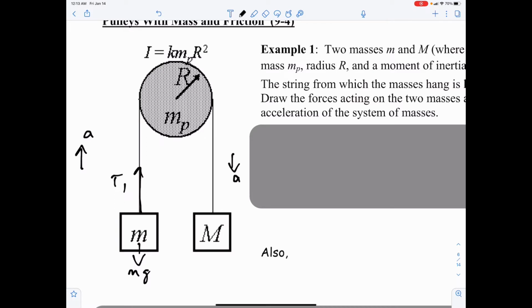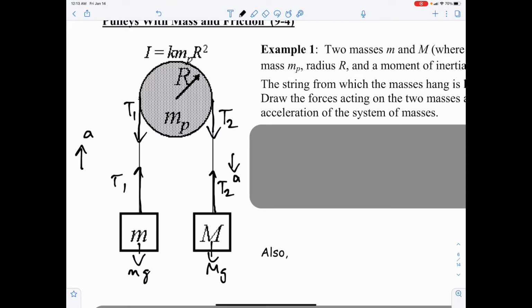Now on the other side, we've got big Mg, and we've got another tension, which we'll call tension 2. Now, on this other side here, you also have those same tensions pulling down from the pulley. So tension 1 pulls this way, tension 2 pulls on the pulley that way.